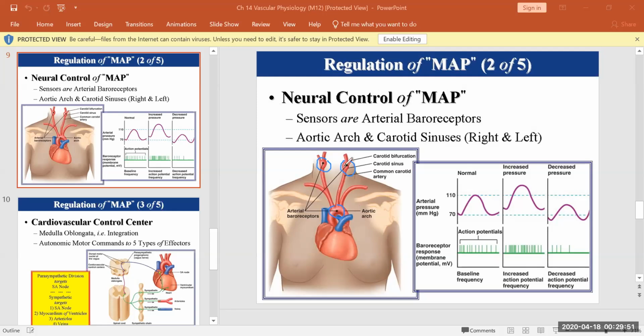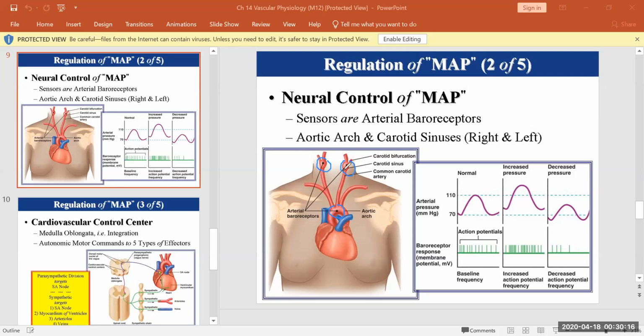The other two locations, the carotid sinuses, are because that's the entry into your brain. So those two blood vessels transport blood and perfuse your brain. And in fact, there are only 4 blood vessels perfusing the entire brain.